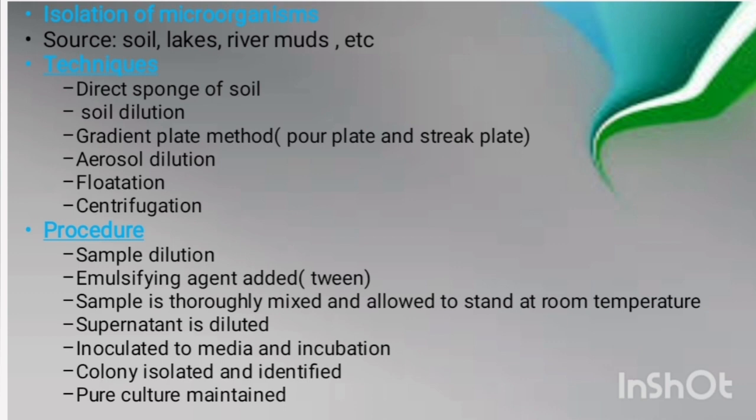Isolation of industrially important microorganisms. The microorganisms of industrial importance are generally bacteria, actinomycetes, fungi, and algae. These organisms occur virtually everywhere.